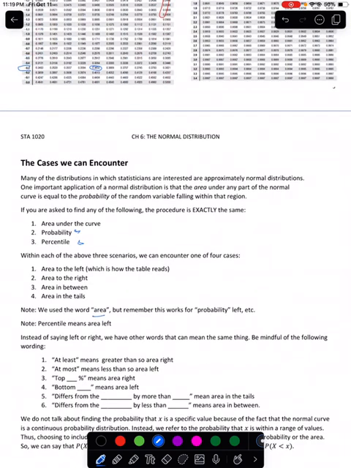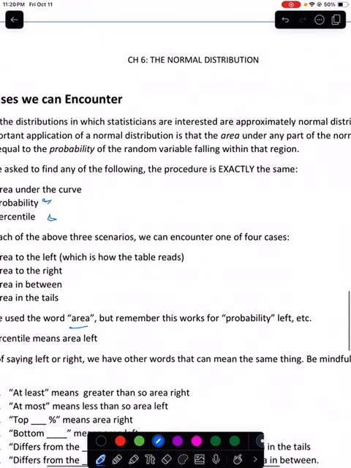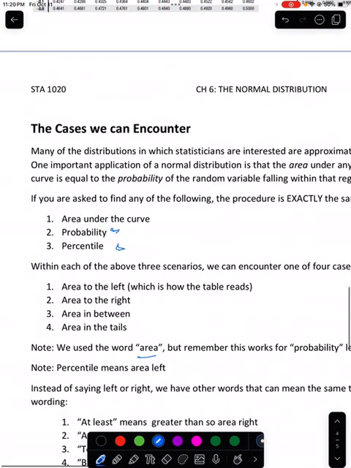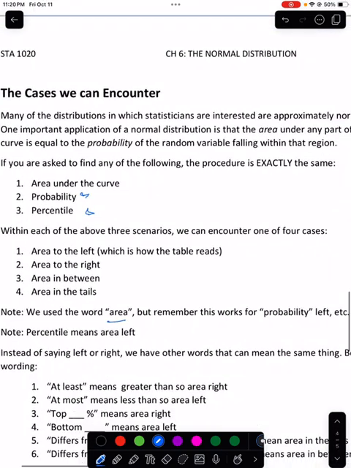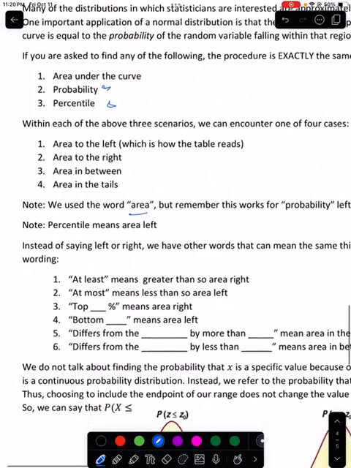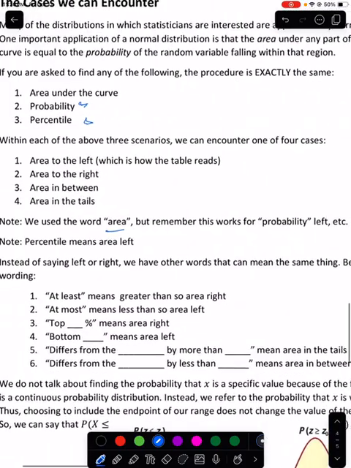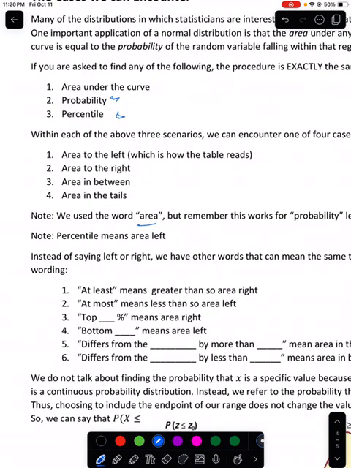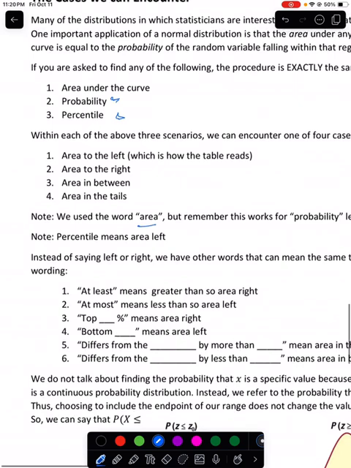You should know the meaning of certain words. For example, at least, what does at least mean? At least means greater than, the area to the right, greater than some number.